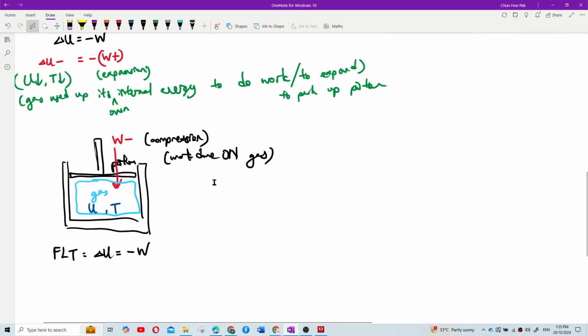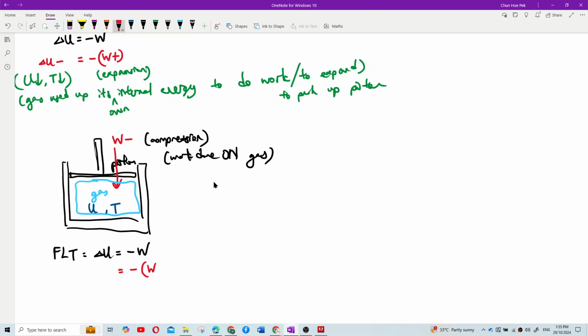Kalau compression work done on gas, gas kena compress. So what will happen? Ini W adalah negatif.